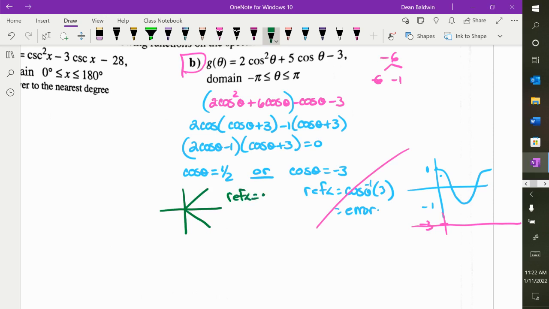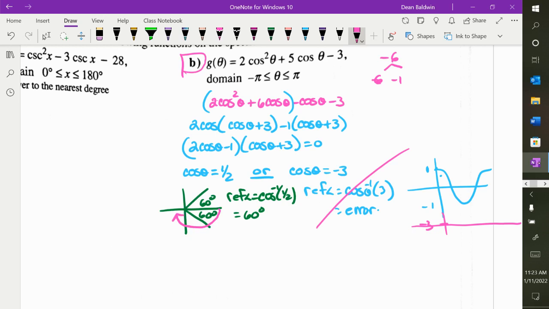All right. So for cosine, the reference angle, either doing it on your calculator or using the special triangles, is 60. Now, once you have that, you have to look at your domain. What is the domain here? Negative pi to pi. So you go to 0. Negative pi means you're going this way.